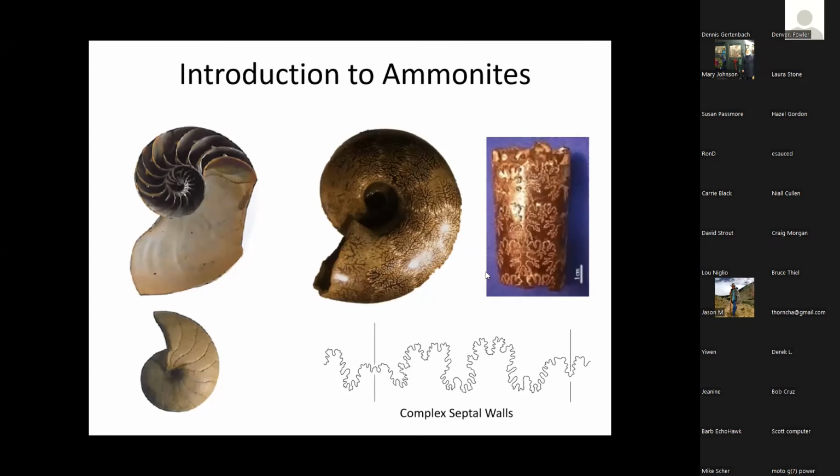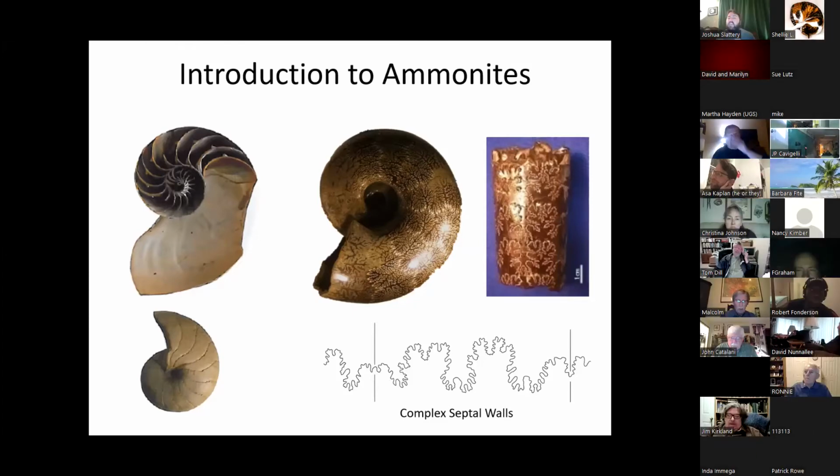Now, why they had more complex septa compared to modern nautilus is probably related to their rate of growth. Ammonites probably grew much faster compared to modern nautilus. Modern nautilus take around 30 years to grow, and they have very thick shells.